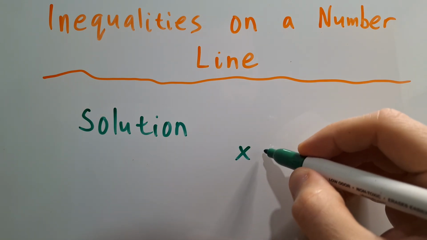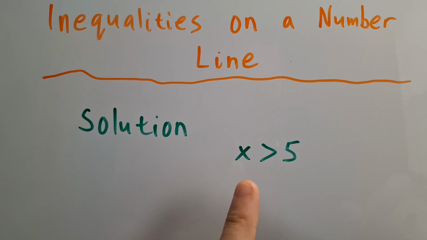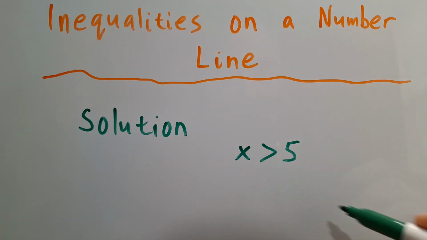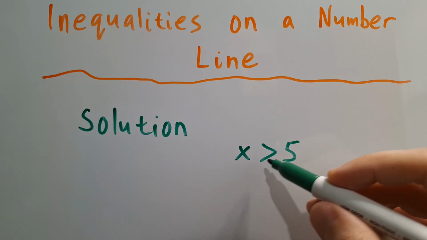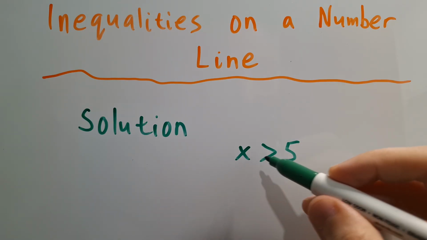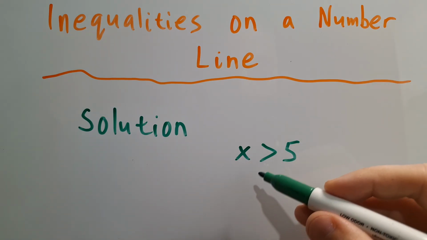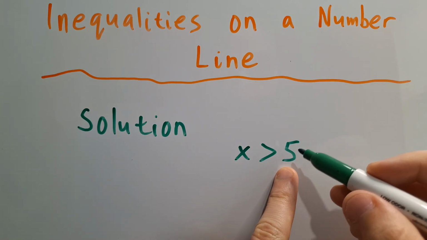If I was to say x is greater than 5, the solutions of this inequality are all numbers that are greater than 5, but not including 5, and I'll talk about that in just a moment. This is letting you know that every value numerically bigger than 5 is a solution to this inequality. That also includes decimals and fractions in value that are larger than 5.